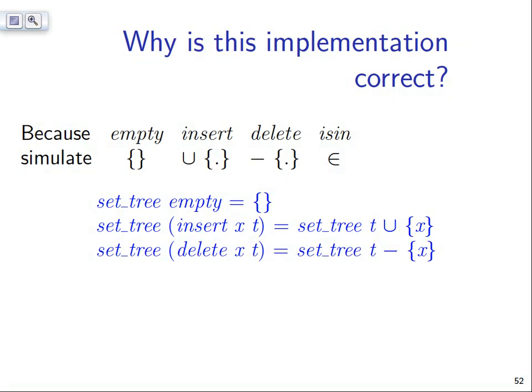And similarly for delete, here it's the subtraction with a single element. And set tree is always the mediating function that maps from the implementation level to our abstract mathematical model. And is-in should just have the same behavior as if you use the mathematical element operation on the elements in the tree.